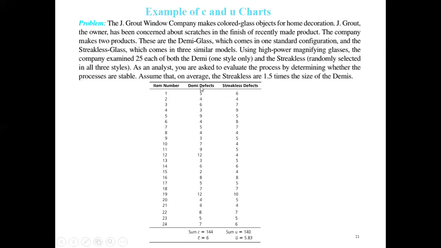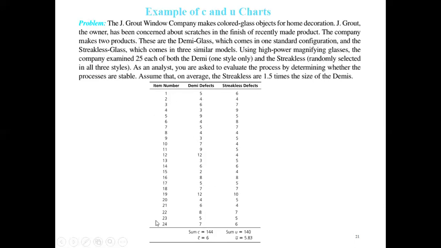Defects in demi were 5, 4, 6, and 2, and so on. Its sum is 144, and its C bar, which is the sum of all these values divided by 24, would be 6. Divide by 24 or 25, and you can do it yourself.